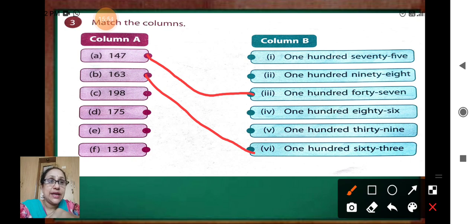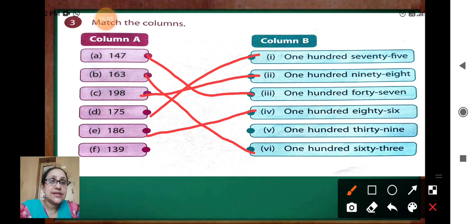Then 198. 175. 186. 139. Have you done, children? Finished? You have finished with teacher only? Very good.